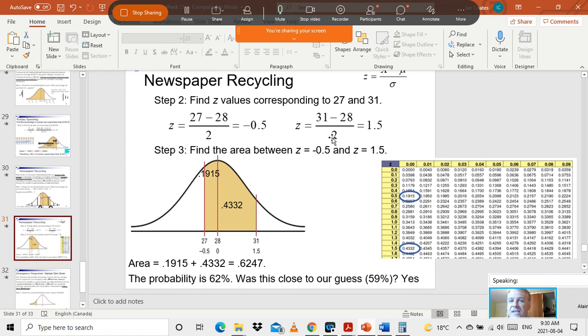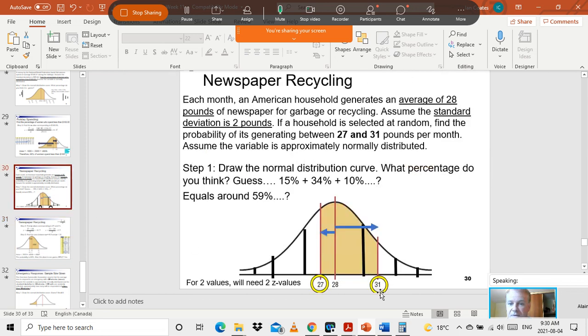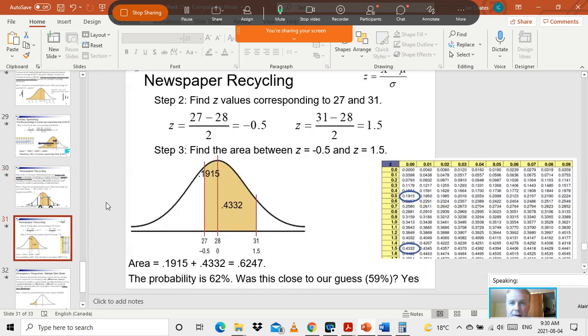Then we do the same thing for 31, the other number. You find your Z value and you get 1.5. Very good. So now you take your Z values, which correspond to these numbers. These are your real numbers, and these are your standardized numbers.